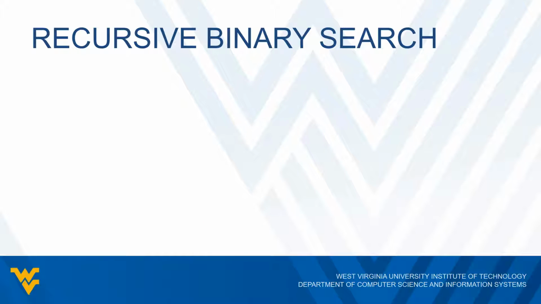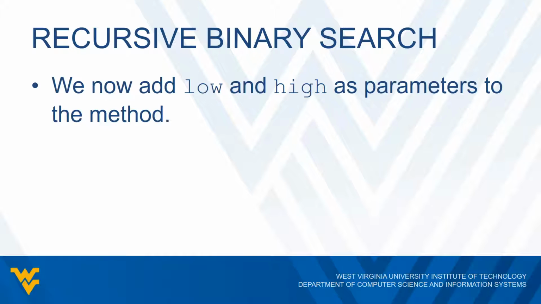If you remember from the binary search code, and if you don't, I suggest you look it up, we had these low and high variables that we set, and then we would go back to our while loop. What we would do now is make low and high parameters to the method instead of just declaring them within our method.